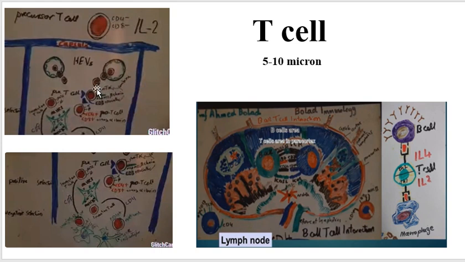During this they rearrange their pre-alpha; the T cell receptor has two membrane-bound chains, alpha and beta chains. When they enter here, the alpha chain is immature, so they migrate to the thymus gland for maturation, for development of the repertoire and for education.